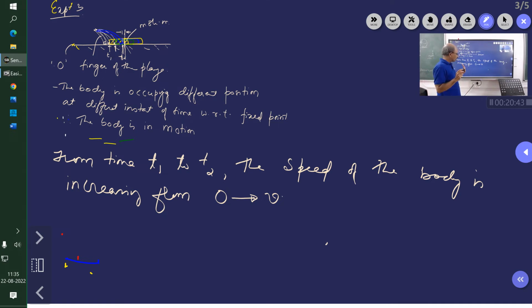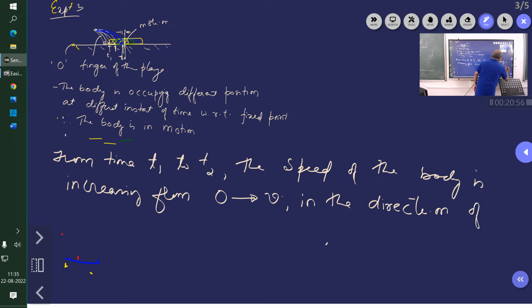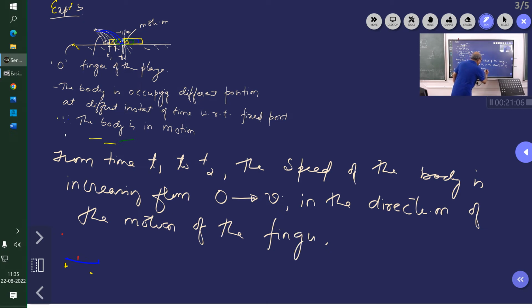The speed increased from 0 to v. And importantly, it increased in the direction of the motion of the finger. Did you get it? So the speed increased in this direction. This was our observation, that is experiment number 3. Okay, friends, clear?